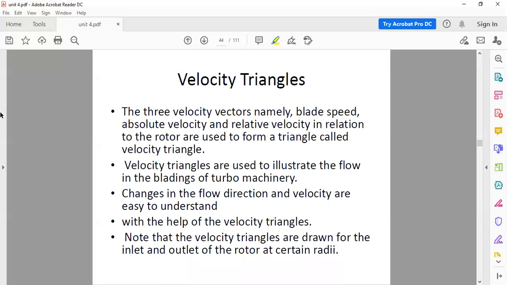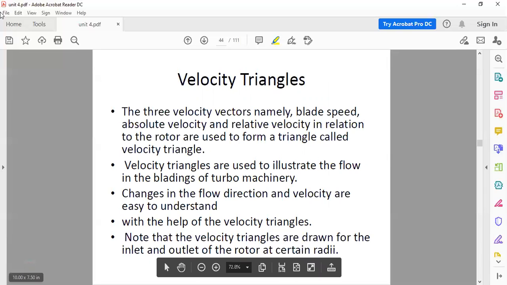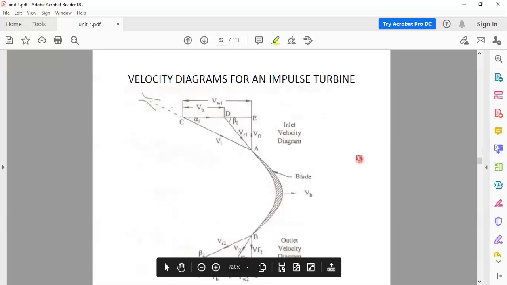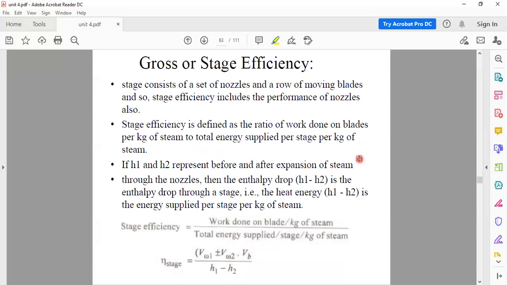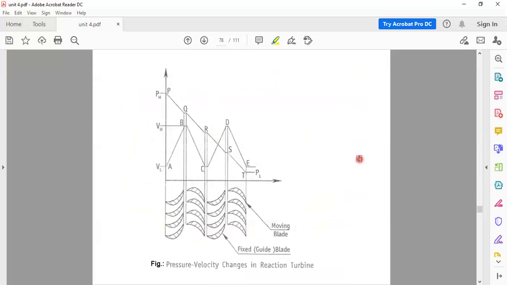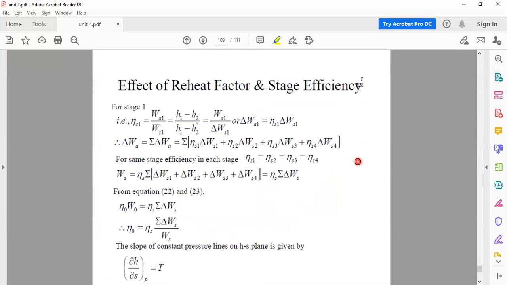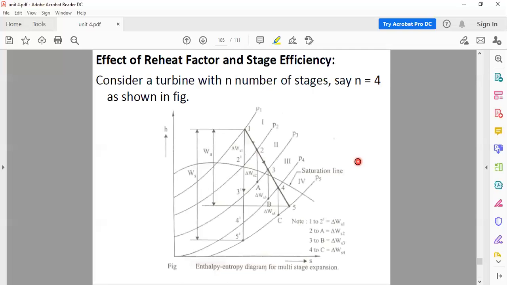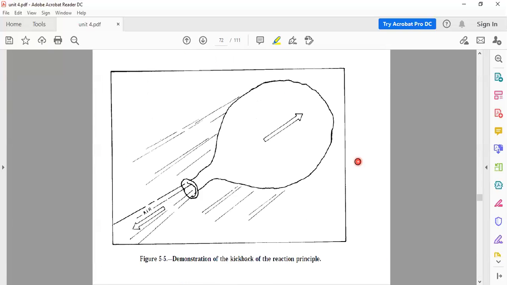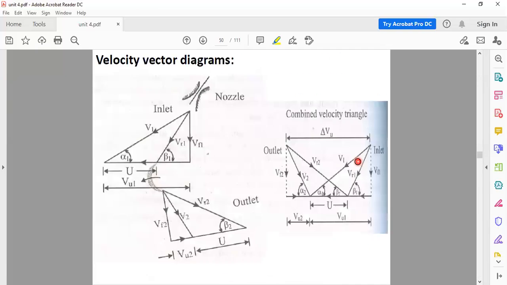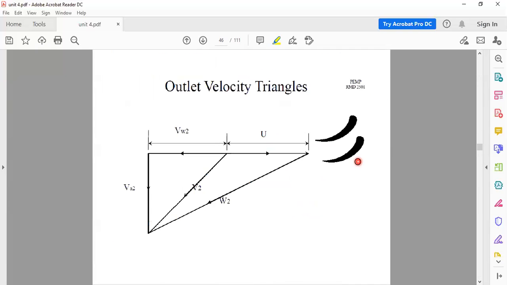Here we have covered the compounding of the steam turbine. Here, any doubt, any queries, please ask me. After that, we have discussed velocity triangles and derivation for the steam turbine.